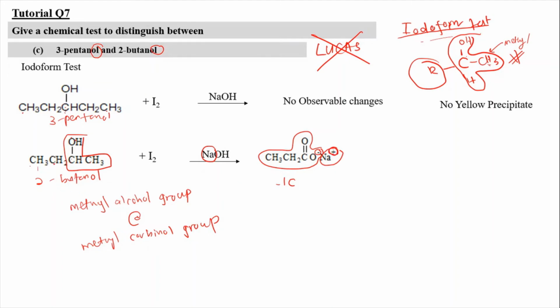Initially it had a 1, 2, 3, 4 carbon chain, but now it becomes 1, 2, 3. The CH3 here is used to react with the iodine, which gives CHI3 here. This structure is known as iodoform, or triiodomethane. That is why you use iodine, and the color of the precipitate is yellow.